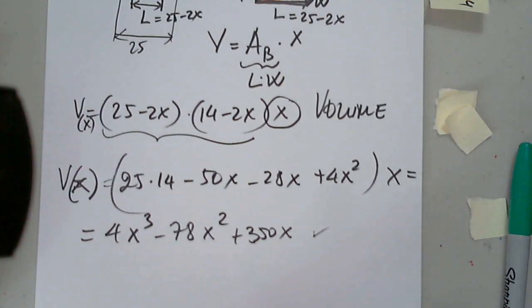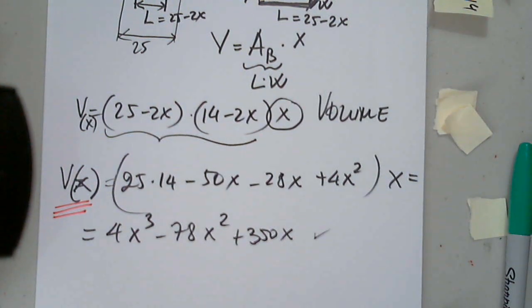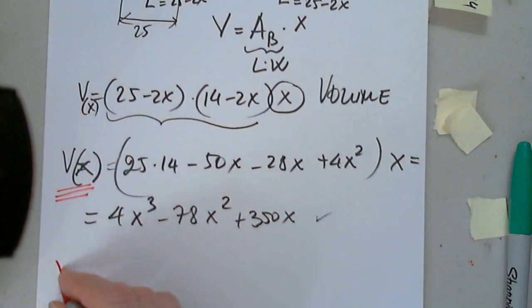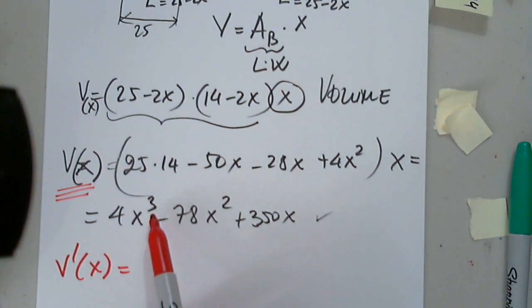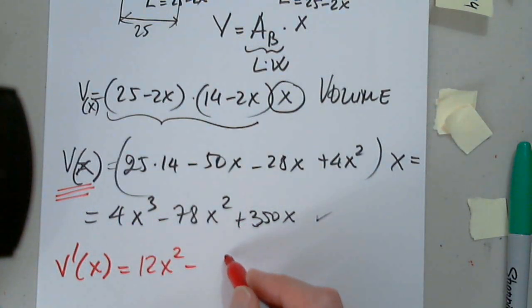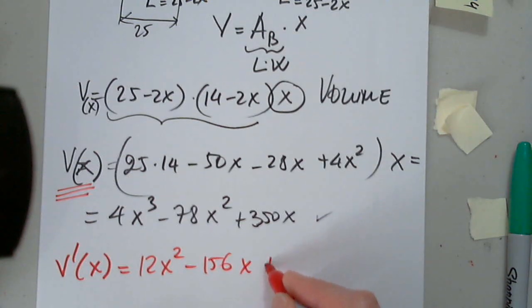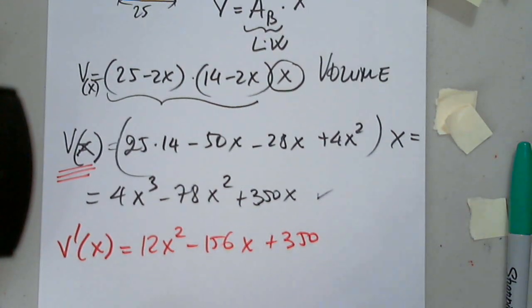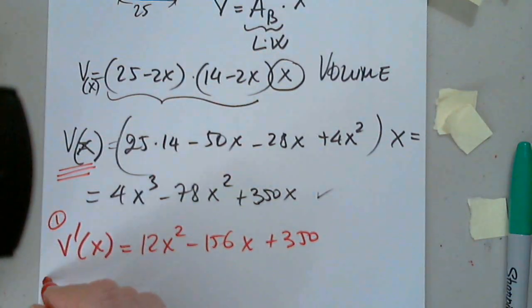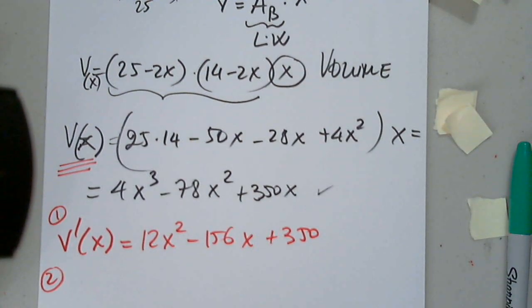I never study the sign of the function, but I study the sign of the derivative. So I need the derivative now. So 12x squared minus 156x plus 350. Good. I have the derivative. Step number 1. Step number 2. What do I do with the derivative? Before I study its sign, not yet. What do I need to find next?